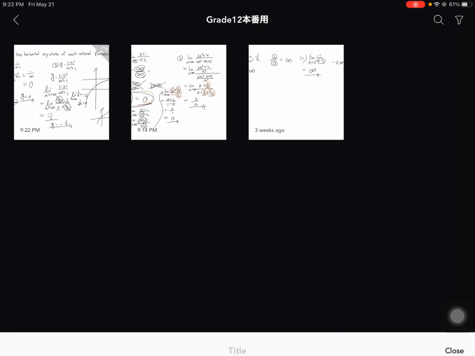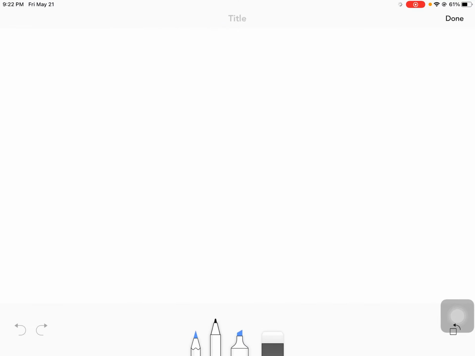Okay, then let's work on one more question. Number 3, y equals 3x to the power 5 plus 2x negative 3 over x to the power 4 negative x plus 1. So let's do it the same way as number 2 again. You have to divide by the highest power of the denominator, which is x to the power 4.